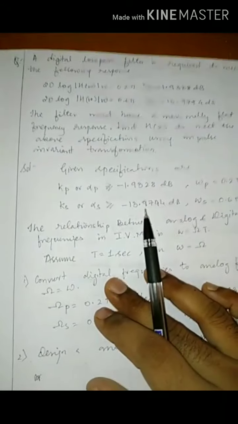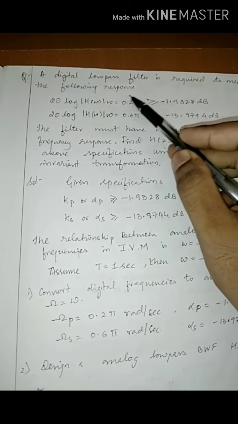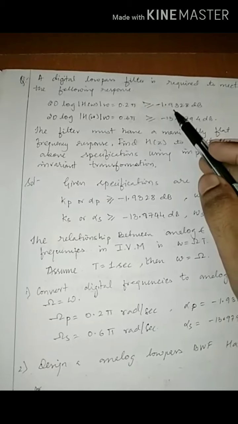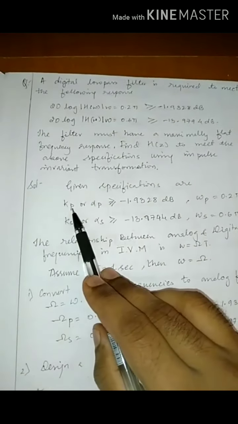Now the given specifications are here. This value represents the value of alpha p. The value of alpha p is minus 1.9328, which can be written as k_p also.